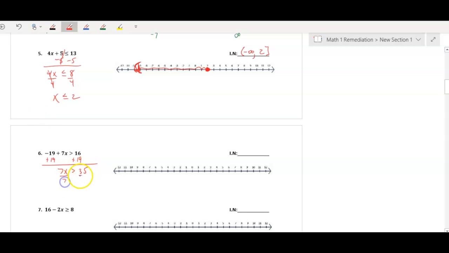Now, I'm going to go ahead and divide by 7, and I would get x is greater than 5. So we put an open dot on 5. Since we're greater than, we would go to the right. Lower bound here is 5 with a round bracket, because we're not including it, to infinity.